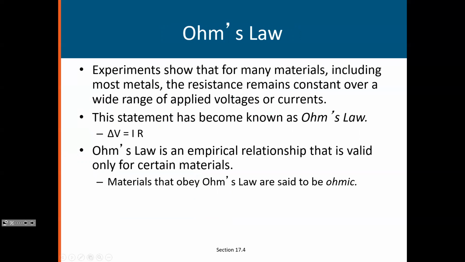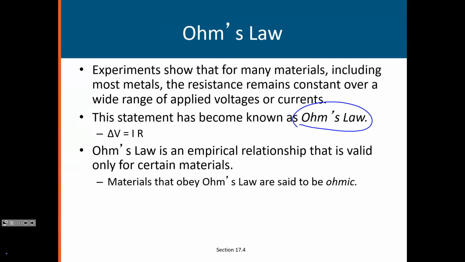Experiments show that for many materials, this law, Ohm's law, is obeyed, but not all of them. Although we call it a law, it is not really a law because it doesn't apply universally to everything. Certain materials obey this law. Anyway, it became known as Ohm's law. We are stuck with that.